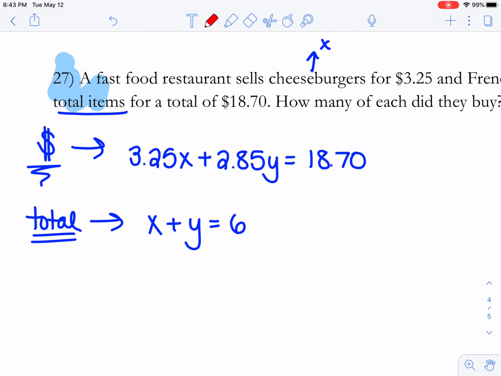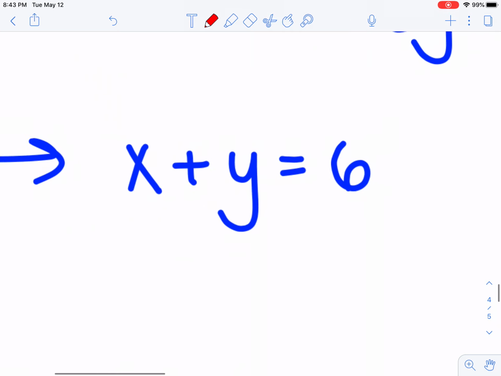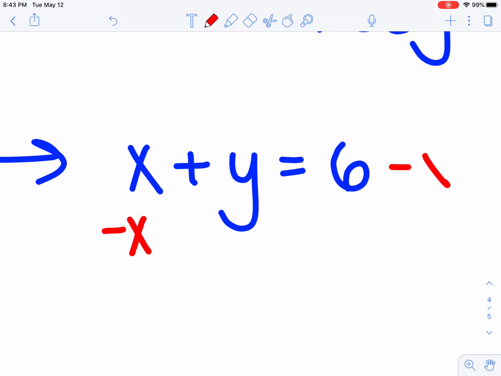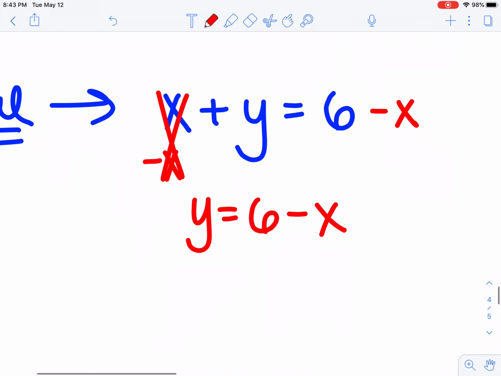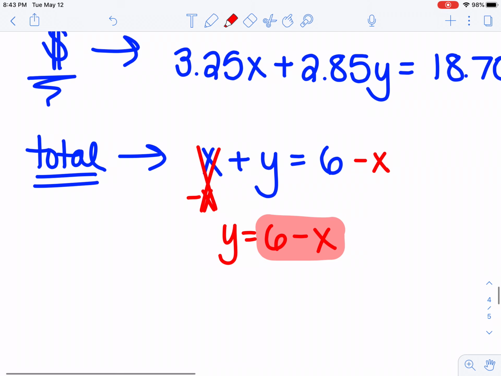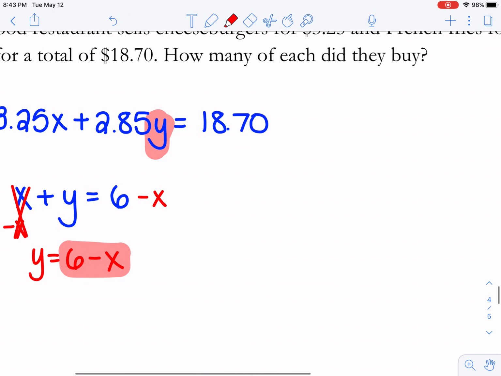This is definitely harder to solve. I wouldn't freak out, you guys. Personally, I think I would do a substitution to solve. So to do that, I'm just going to get one of the letters by itself. So y equals 6 minus x. And then I'm going to substitute this in for y into the other equation. So it is difficult, but you have a calculator.